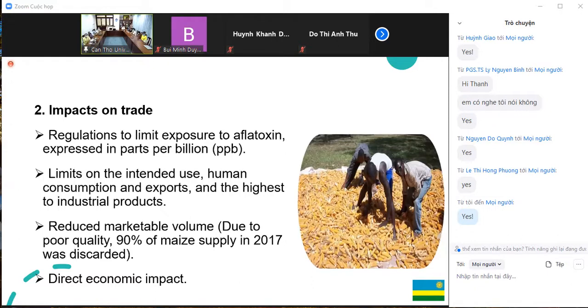If cows or animals are fed contaminated food, we probably contaminate human health.